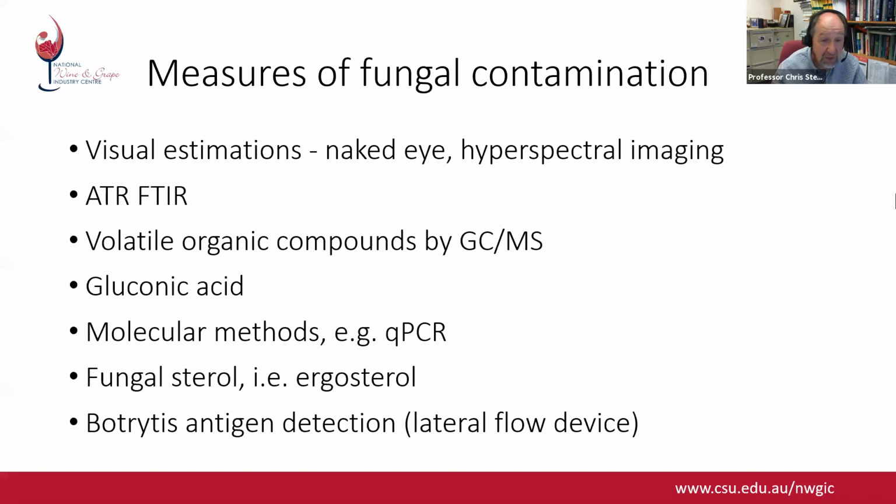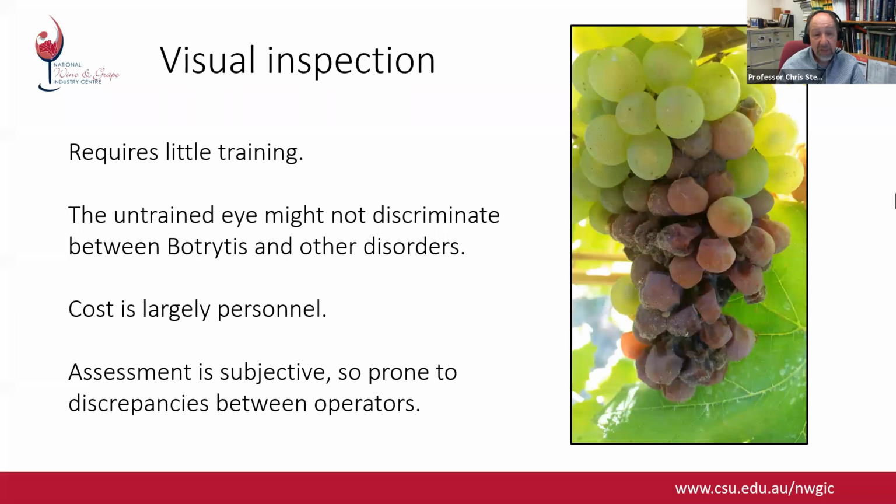Gluconic acid is a measure. A lot of hype and interest in molecular methods; I'll say a little bit about qPCR. And then we come down to the last two that, in my research, we've tended to concentrate on in the last few years: measurement of the fungal sterol ergosterol, and more recently, detection of Botrytis antigens using a lateral flow device. So I'm going to go through each of these in turn.